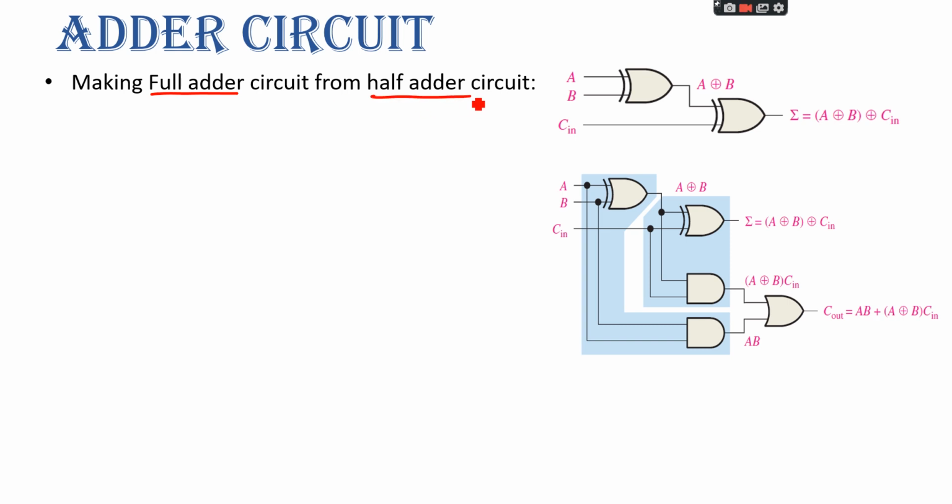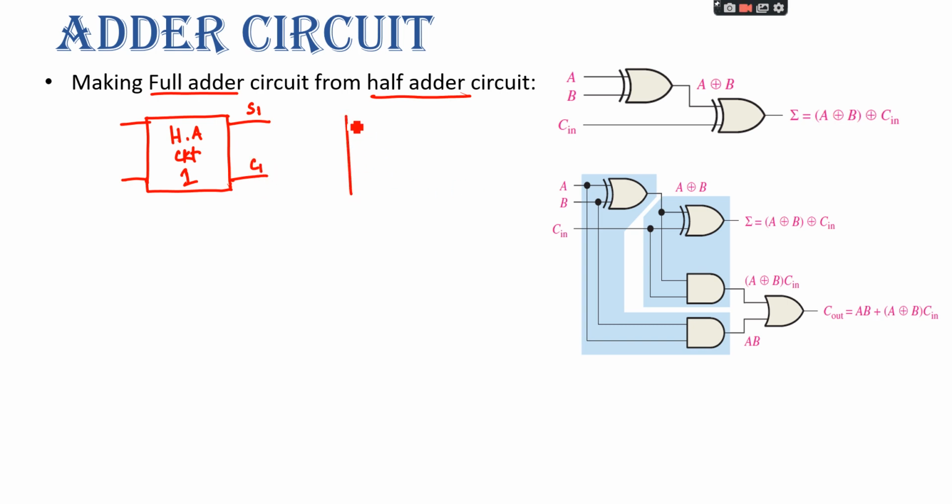So now what I will try to do is make a full adder circuit using two half adder circuits. So if we take two half adder circuits, suppose we have one half adder circuit here, that is your half adder circuit 1, and it should have two inputs and two outputs, sum 1 and carry 1.